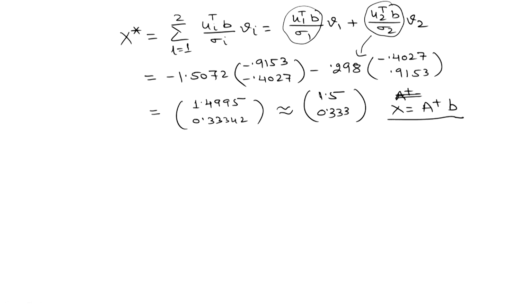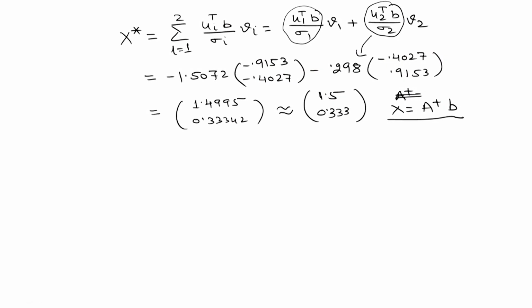Hence, the claim is verified. So, this is another way of doing the analysis of least square approximation using the singular value decomposition, and here we have seen that both the answers are equal.